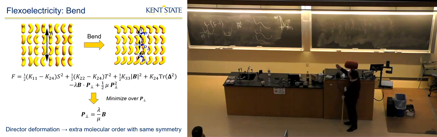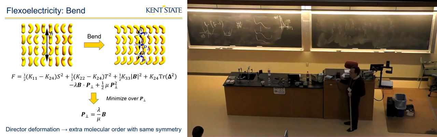In this structure, by contrast, the dipole moments don't average to 0. You'll have net order of whatever component of the dipole moment is pointing sideways along this banana axis, perpendicular to the director. So you will see some net electrostatic polarization induced by bend.